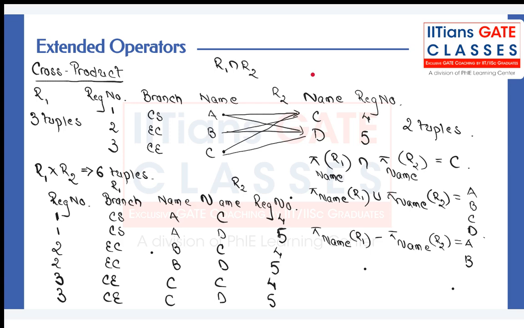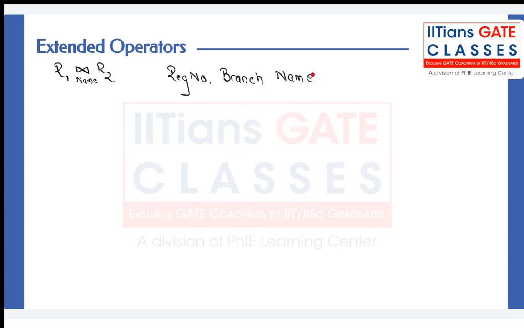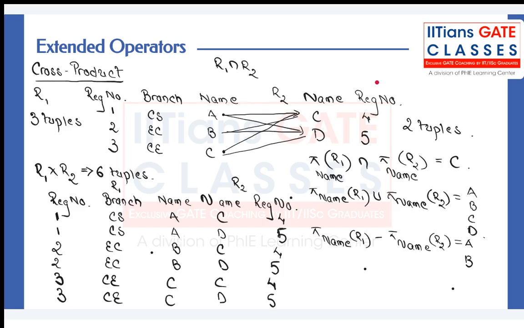Sorry, there will also be a registration number here, which is from R2. So you will only have the row with name as C, because that is the only row in R1 and R2 which has the same name. Others are different, right?